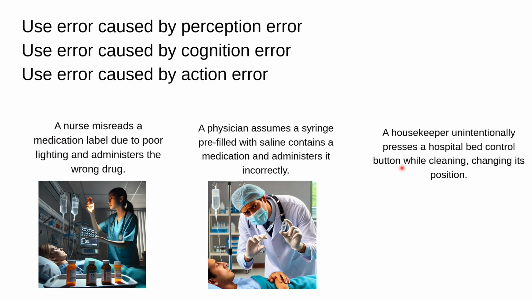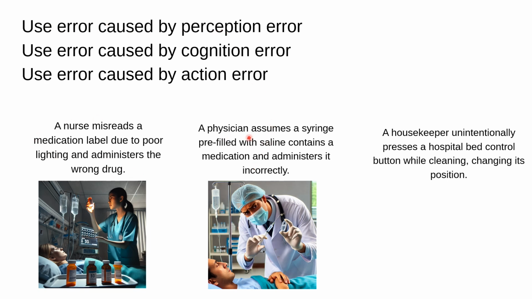So we have three examples here. A nurse misreads a medication label due to poor lighting. If you see most of the ICUs, to ease the patient, they will have a different kind of lighting, and it will generally be dark. In that case, if the nurse wants to connect a tubing, and if the light is not proper and they connect the tube improperly, then that is a use error by perception.